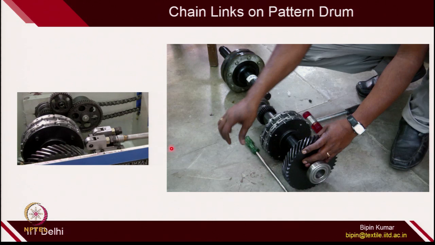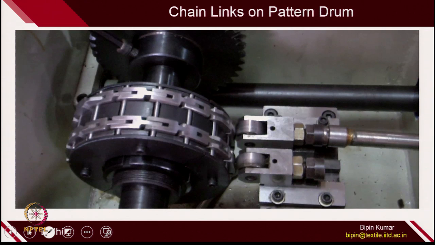When this is done, this drum is fixed on the machine, and this is the follower which is connected to the guide bar with the help of a push rod. Okay. You can see it here. This is the pattern drum over which the chain links are there, and this is the follower which is connected to the guide bar.